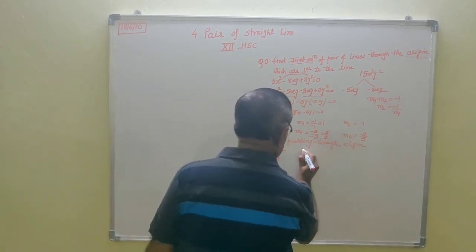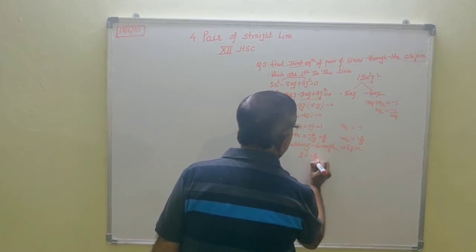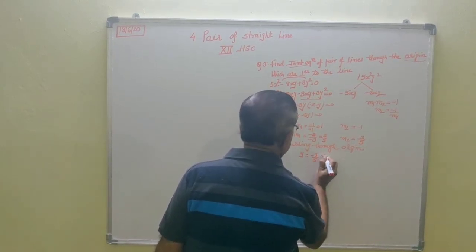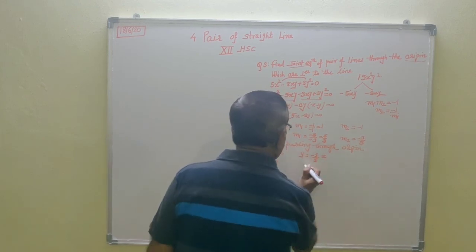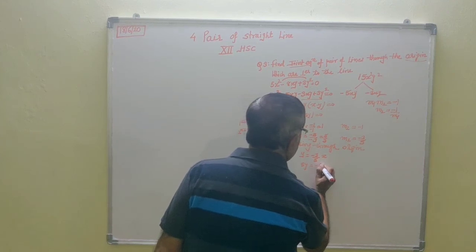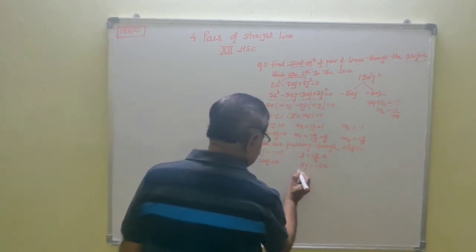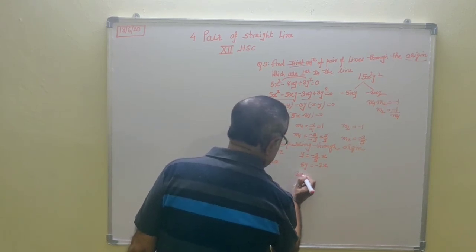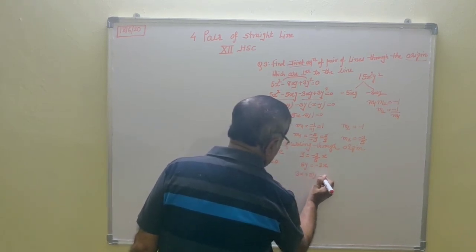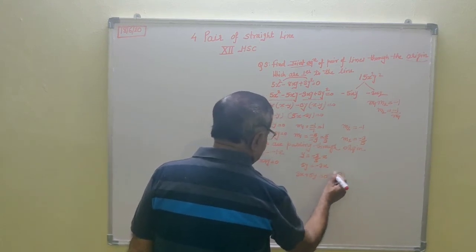Now I will substitute the other slope, minus 3 upon 5 into x. Now this will come here, 5y is equal to minus 3x. Now what I will do? 3x will transfer here, so 3x plus 5y is equal to 0. This is the required equation for the two lines.